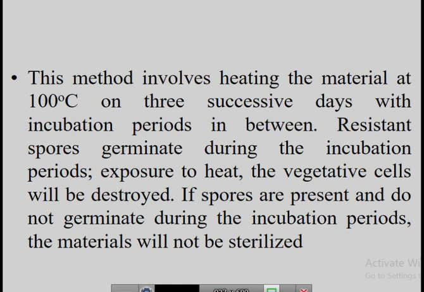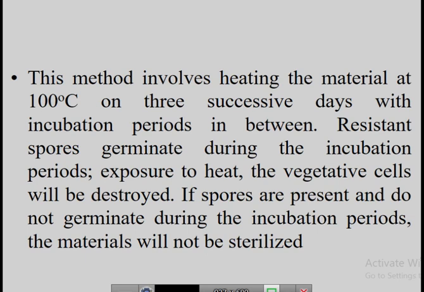If spores are present and do not germinate, then the material will not be sterilized. Usually, when you expose the endospores to a temperature like 100 degrees Celsius, it will result in their germination. Even a provision of nutrients for endospores will result in their germination.